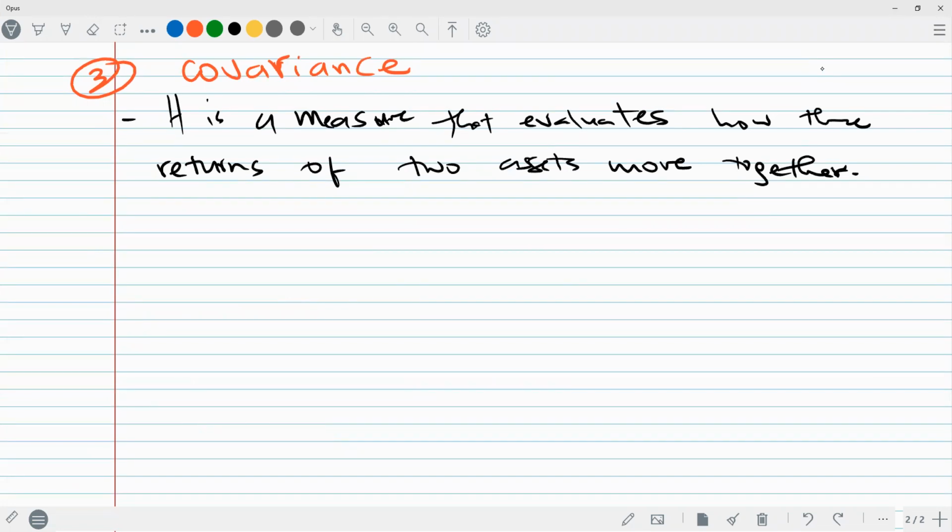Okay, it's a measure that evaluates how the return of two assets move together.